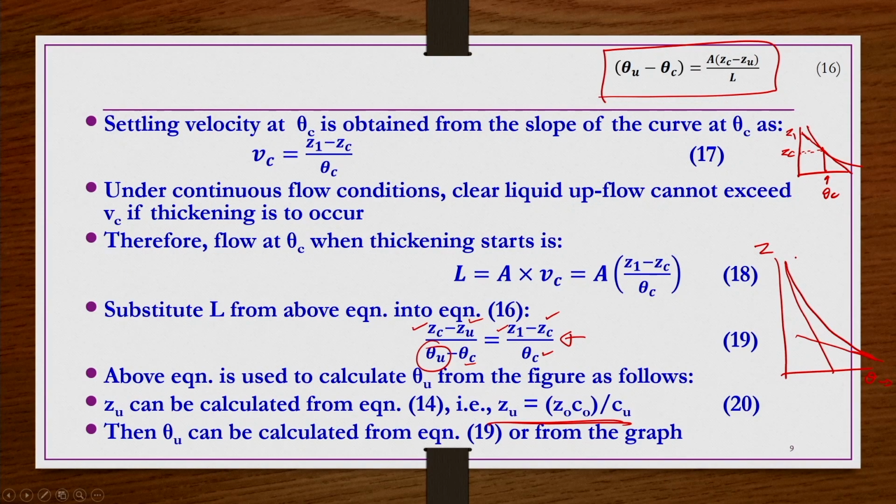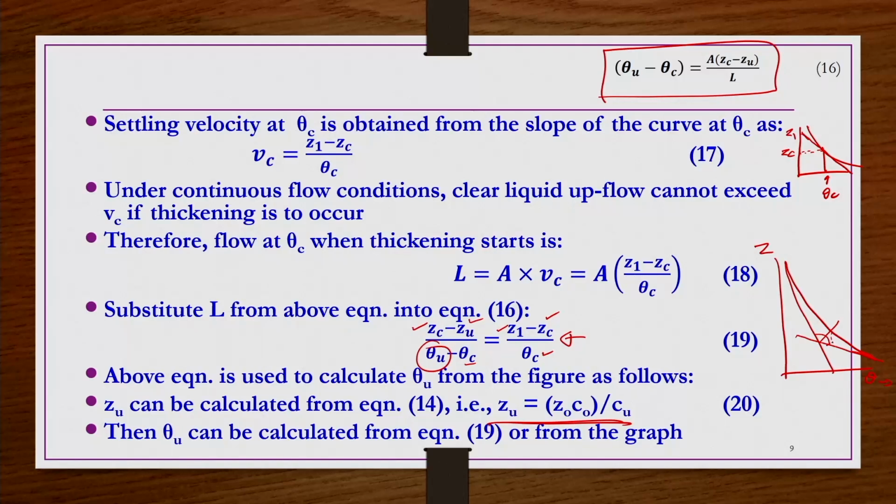At the Z naught point and the final data point we draw the tangent lines, and they intersect each other at some point. That intersect angle you bisect, and extend the bisector line like this, so that it intersects this Z versus theta curve at a certain point.